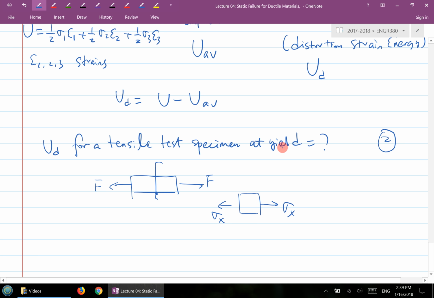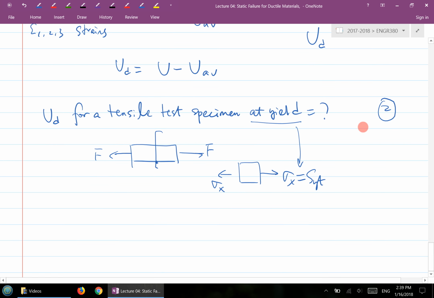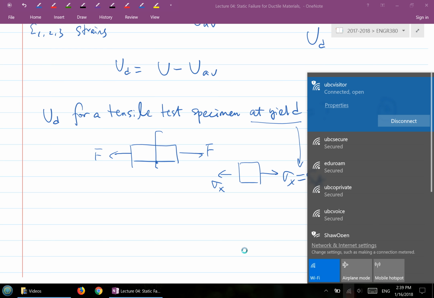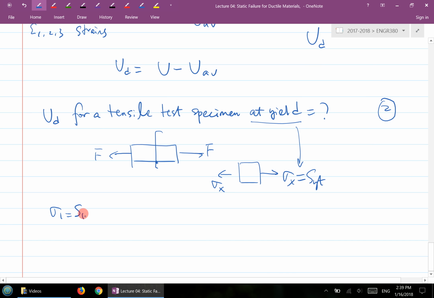At yield, sigma x equals SYT. So for this state of stress, sigma 1 will be SYT, sigma 2 is 0, and sigma 3 is 0. If you substitute into the principal normal stress formula, you get sigma A equal to SYT, sigma B equal to 0, and sigma 3 equal to 0.